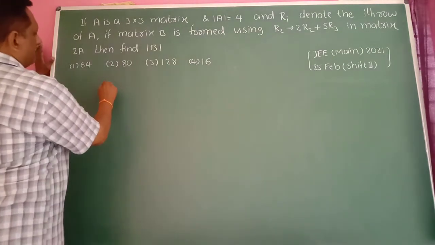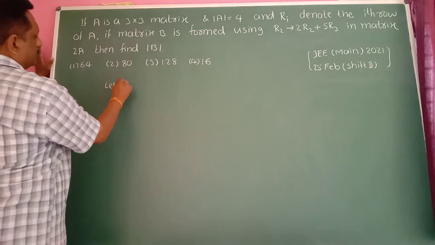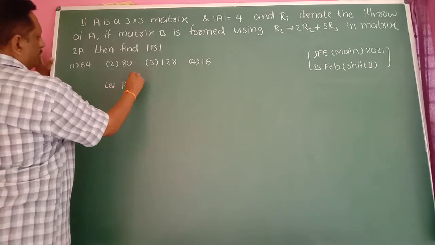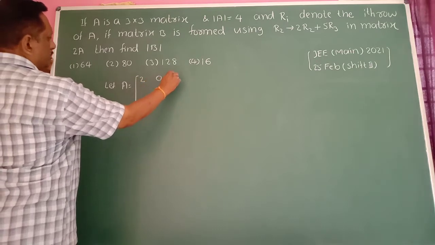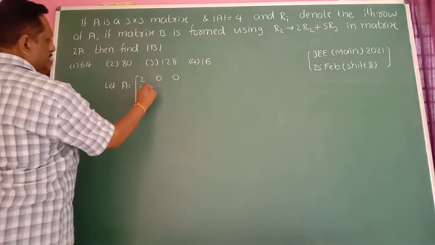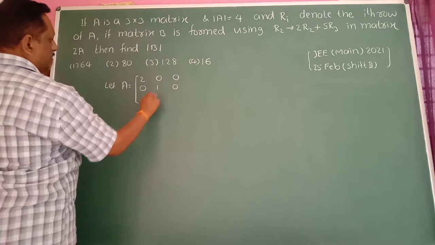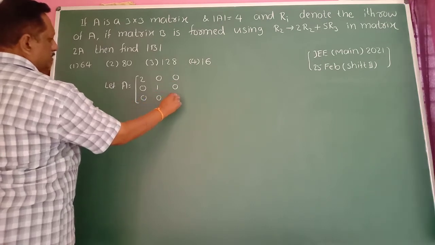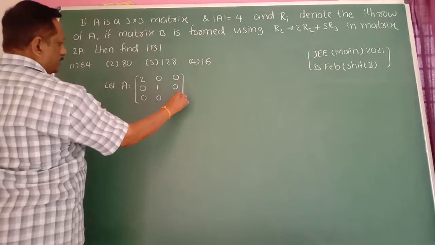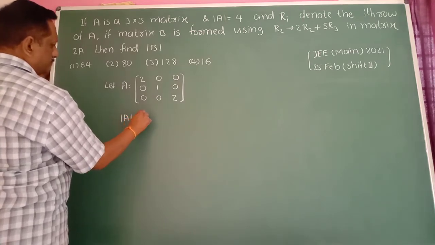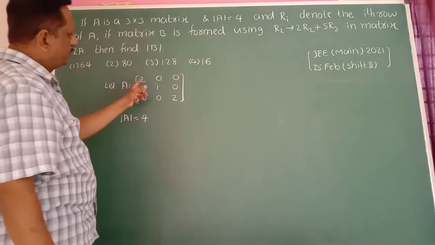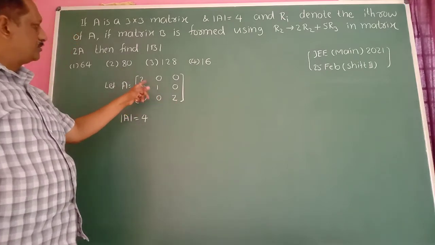Let us consider A is the matrix 2 0 0, 0 1 0, 0 0 2. Then its determinant is the product of the diagonal elements: 2 1s are 2, 2 2s are 4.